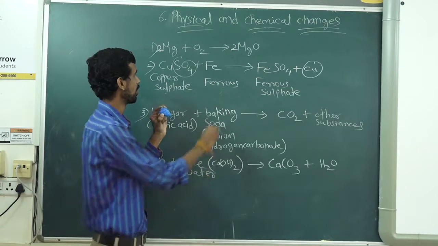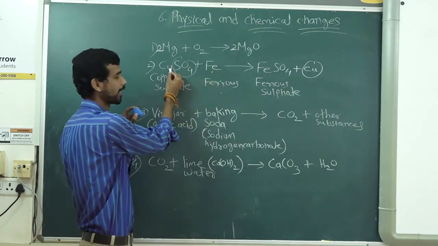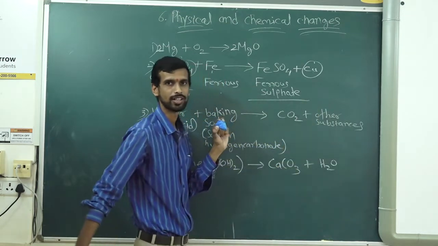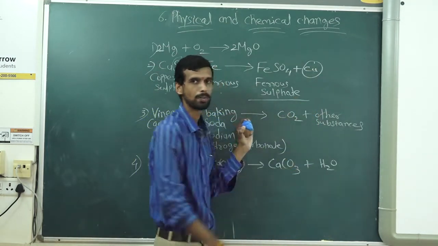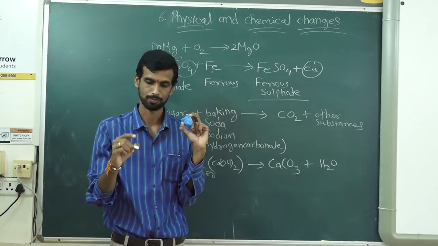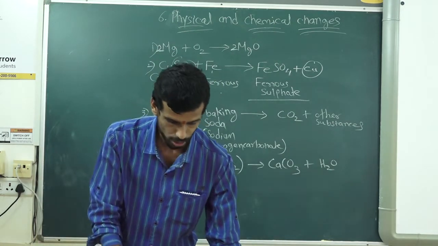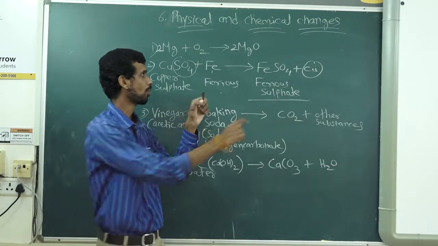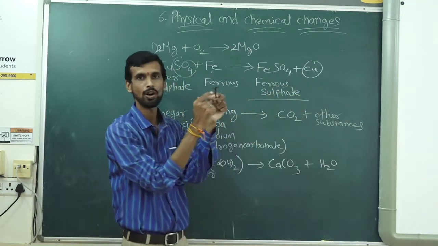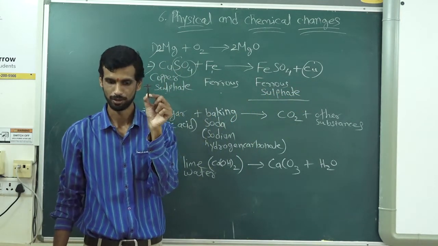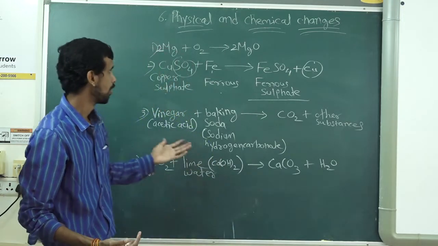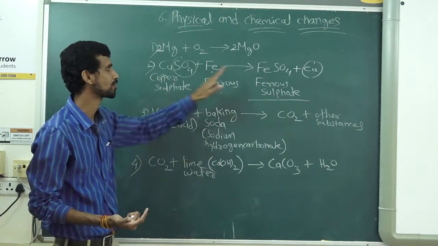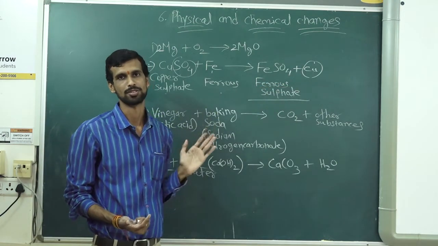In that change, iron separated copper from sulfate, and ferrous sulfate was produced. And then we got the copper, which I showed you with the help of a spoon. I showed you that copper molecules were deposited on the iron nail. So is this a physical or chemical change? Yes, it is a chemical change because new substances are formed.